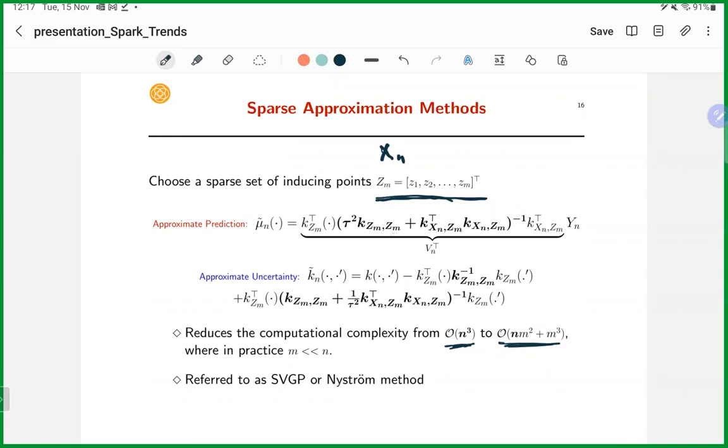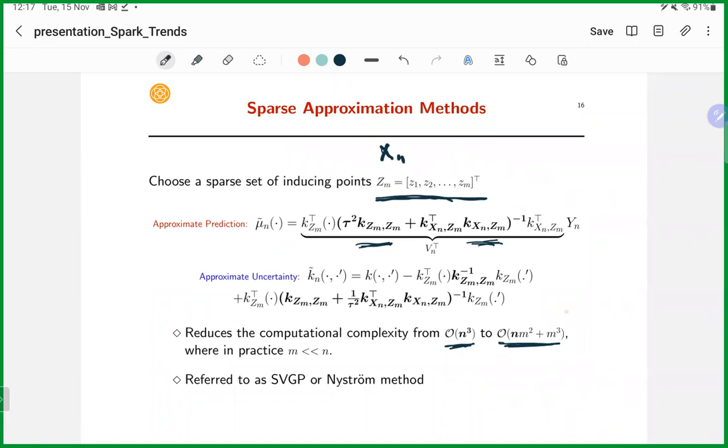So basically this k_zm zm here is the covariance matrix just between the points in the set of inducing points, and k_xn zm is the pairwise covariance between the data points and zm. But the important thing is the matrix that we're inverting is an m by m matrix, so that gives us order of m cubed complexity rather than n cubed.